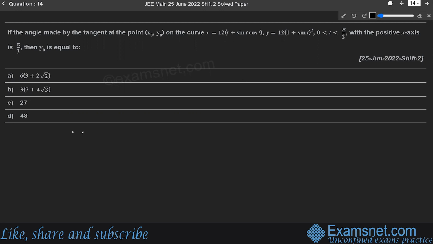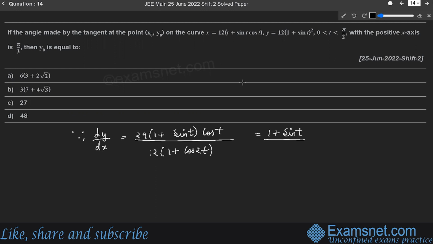We know that dy by dx will be equal to 24 into 1 plus sin t into cos t divided by 12 into 1 plus cos 2t. So this will be equal to 1 plus sin t divided by cos t, which is equal to tan of pi by 4 plus t by 2.